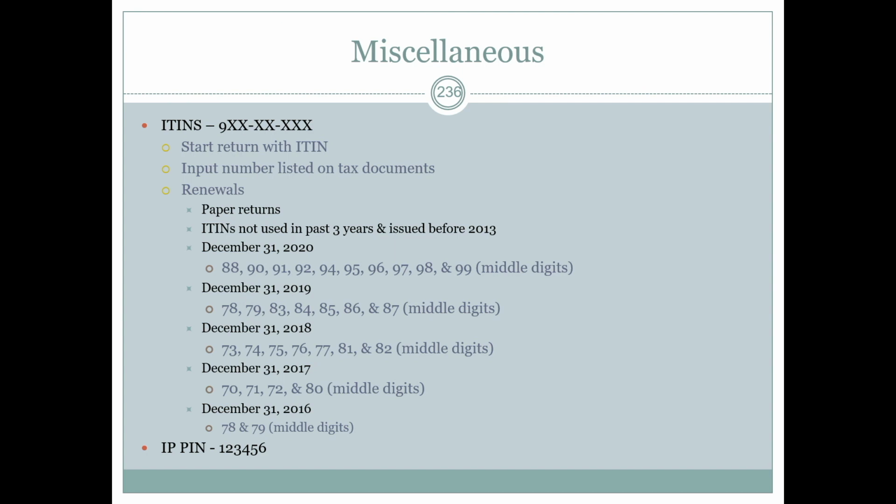So when we started working on our TaxSlayer Scenario 8, we did see that it required Richard Roosevelt to have an IP PIN number, and we did enter that into TaxSlayer so that we are able to electronically e-file his tax return.